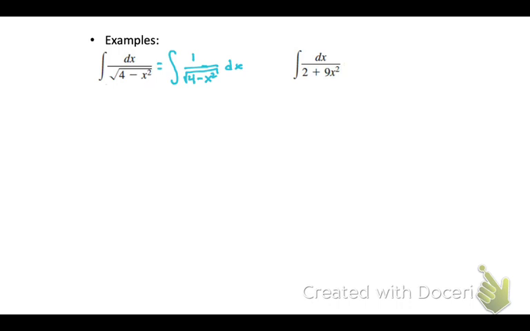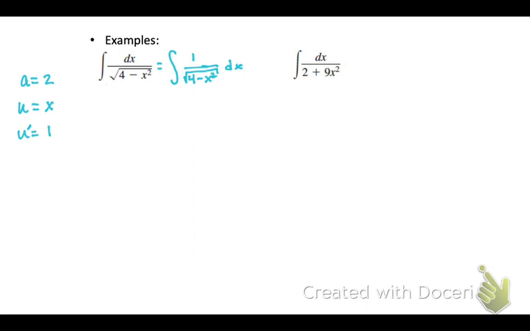So which one? Okay, so a would be what? 2, because it'd be the square root of that 4, right? And u would be x, and so u prime would be 1. Okay, so all 3 of those rules had a, u, and u prime, yes?